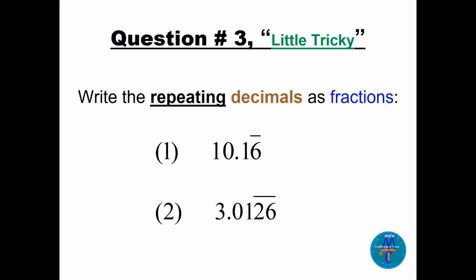Also here, in the second part of question 3, 3.01, two numbers after the decimal point not repeated, then two numbers repeated. You can have all kinds of these decimals that are repeated, but we know that these numbers are fractions. So we are hoping to reach the fraction for 10.1666666.